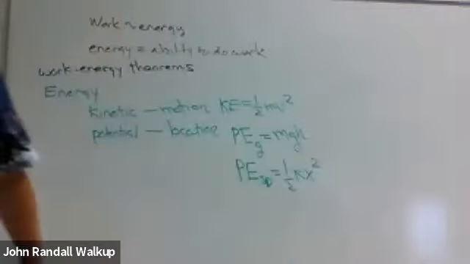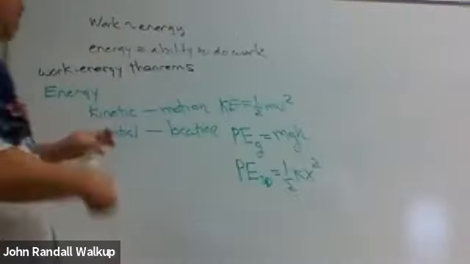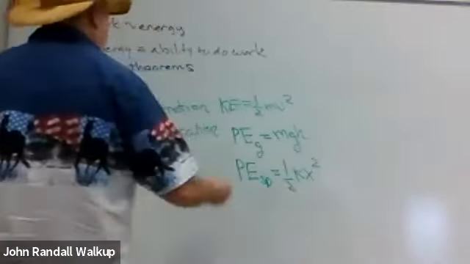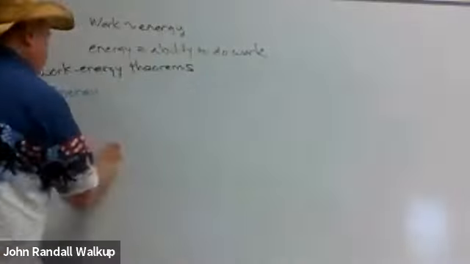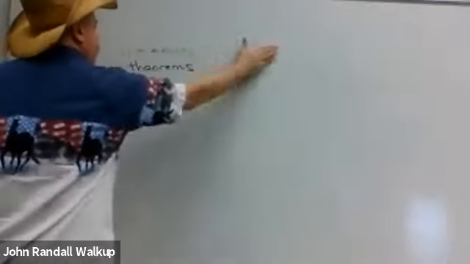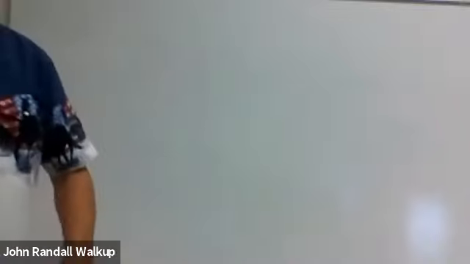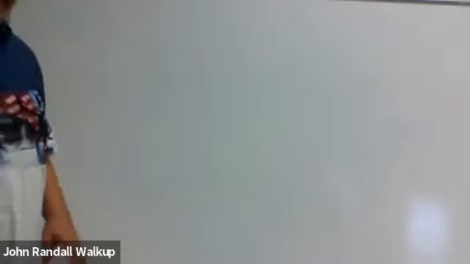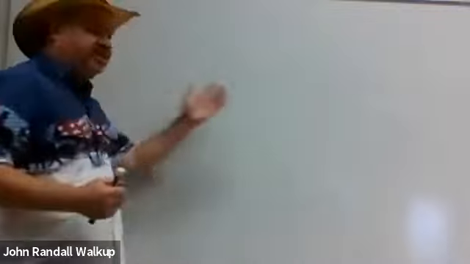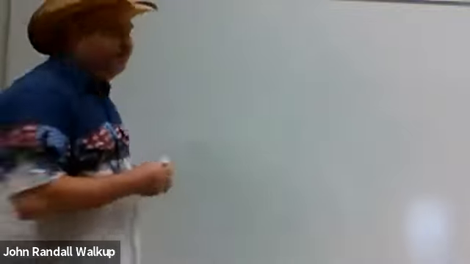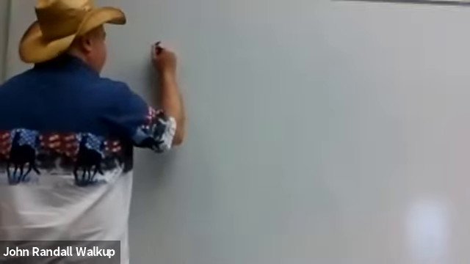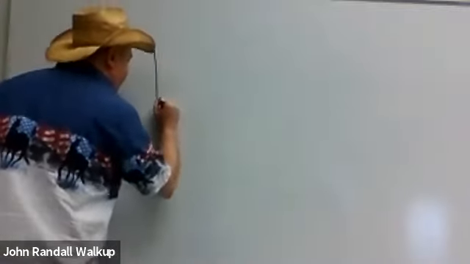Okay, so I'm going to draw a very simplified view. I like to draw this, by the way, going sideways. That way I don't have to worry about gravity. The gravity's there, but it's perpendicular to motion. You don't have to worry about it too much.